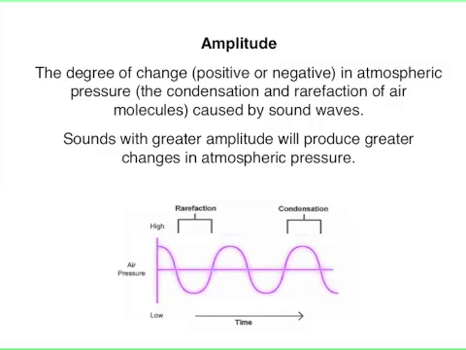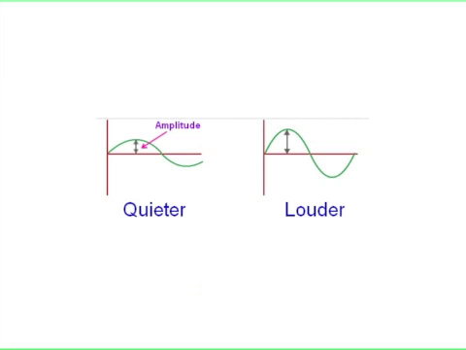Here you can see the diagram of air pressure. The rarefaction point with sound waves is where they are low, and the condensation is where they are high. So the degree of change between those two is the amplitude.